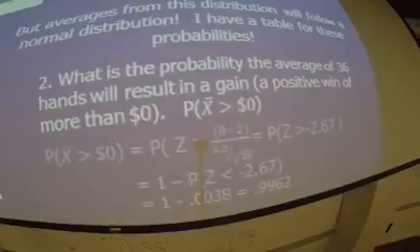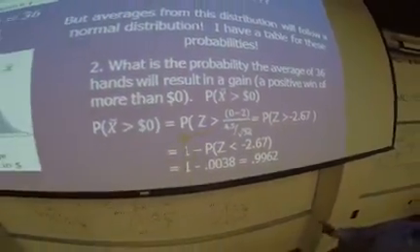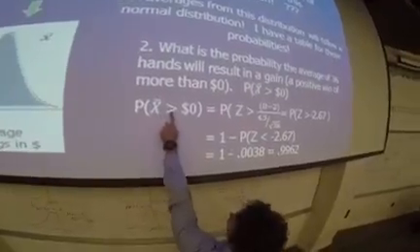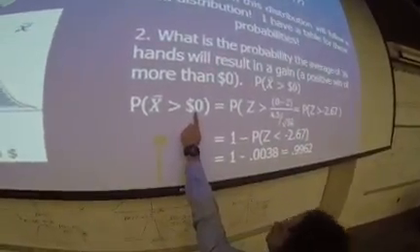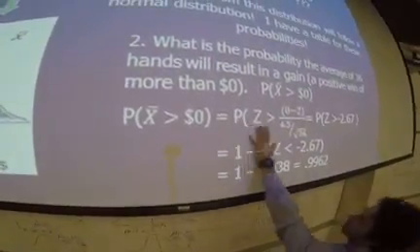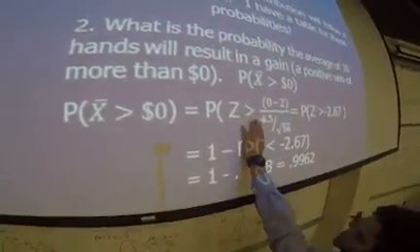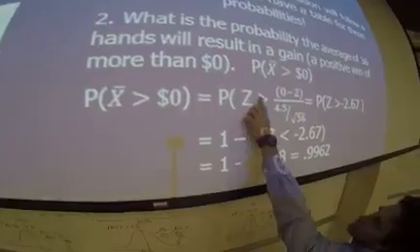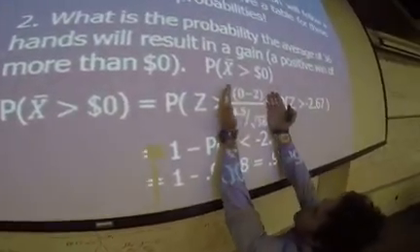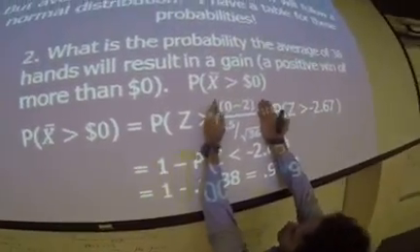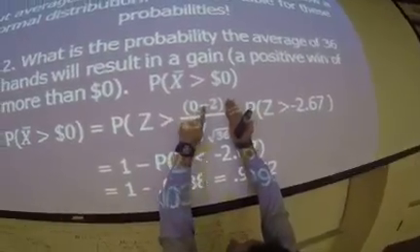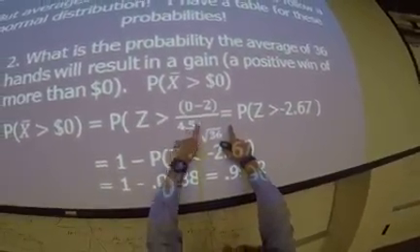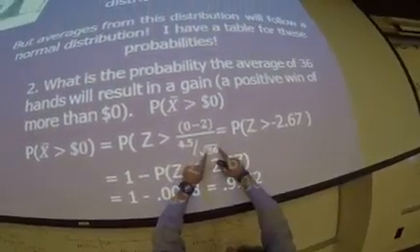Well, it's probably pretty big. And so I would do something like this. Let's take it line by line. There's the probability of X bar greater than $0. That's going to be equal to the probability of Z greater than, and that piece right there is the Z-score: X bar minus mu, divided by sigma x divided by the square root of n.